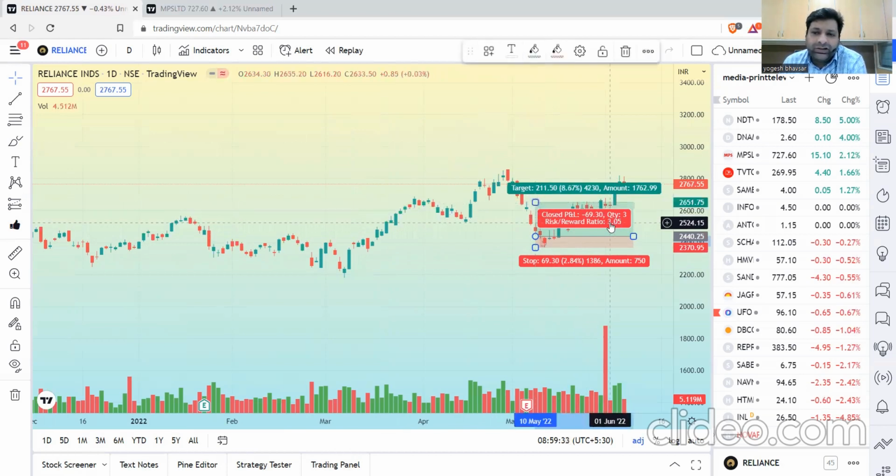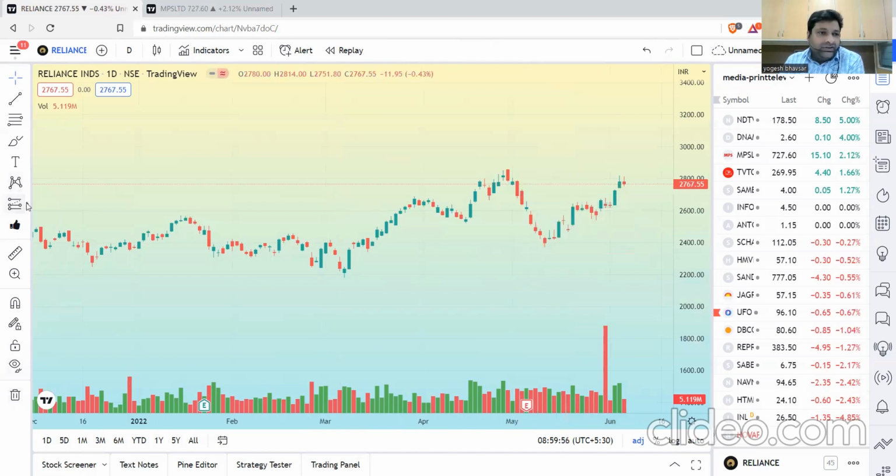Can you see the ratios are changing over here? Now the risk to reward ratio is 3. That means you are ready to lose 69 rupees for a target of 211 rupees. That is a risk of 3% and a profit of around 9%. Can you see that? So this is how you can calculate your stop losses in such a scenario.